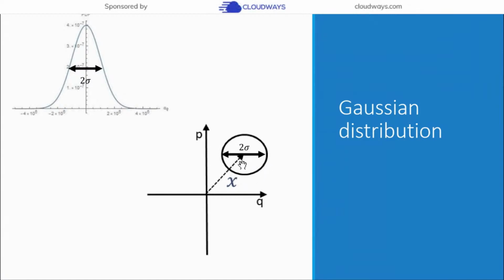And the mean value can be defined by the center of the circle, which now has this distance x from the zero point. Okay, so this is the description of a quantum state that I tried to describe before.